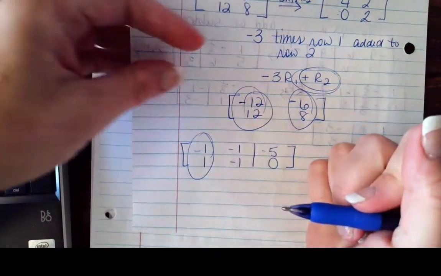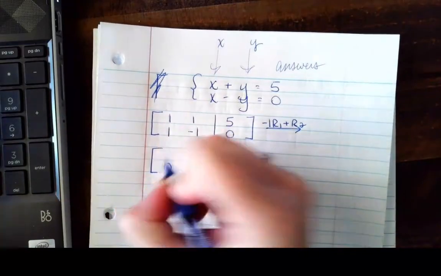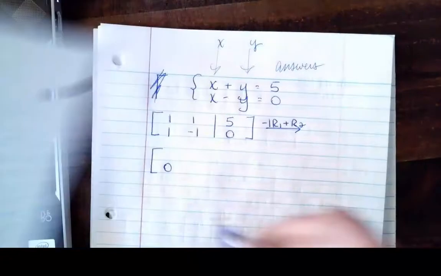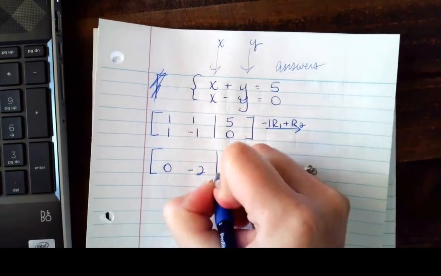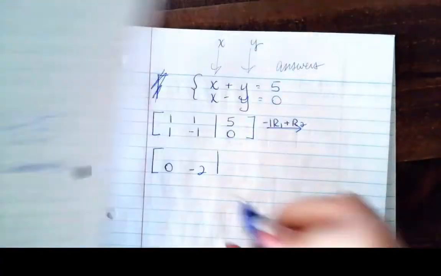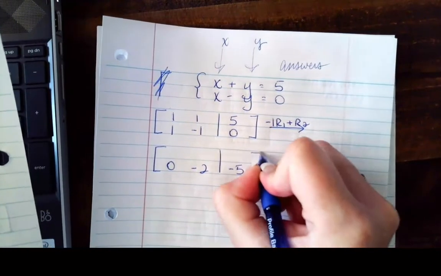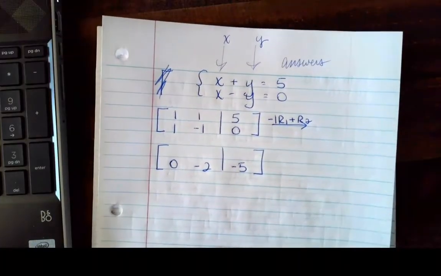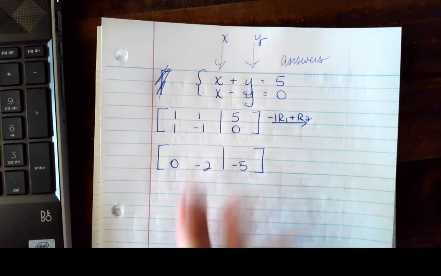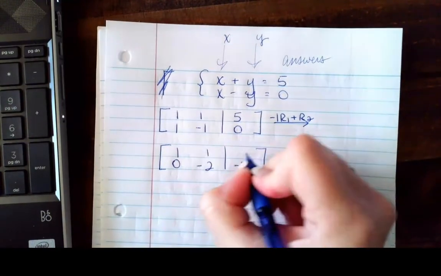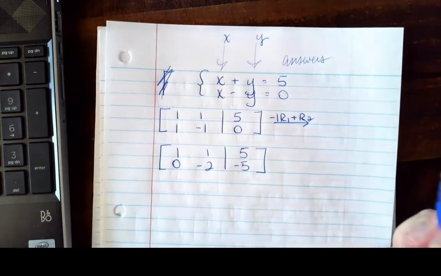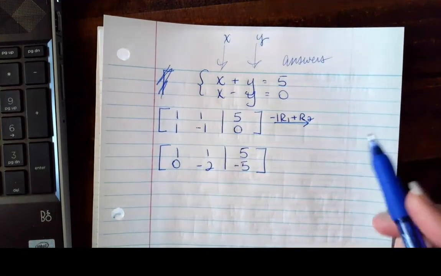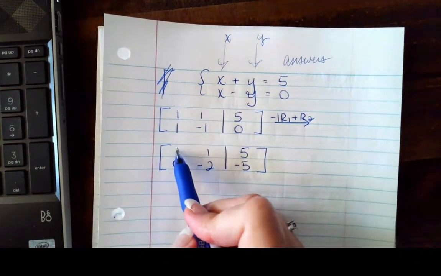These two together give me a 0. These two together give me a negative 2. These two together give me a negative 5. But remember, this is all shortcuts. That's why we're supposed to be doing it in our head. So the top row does not change. Now I've got my 1 and my 0.